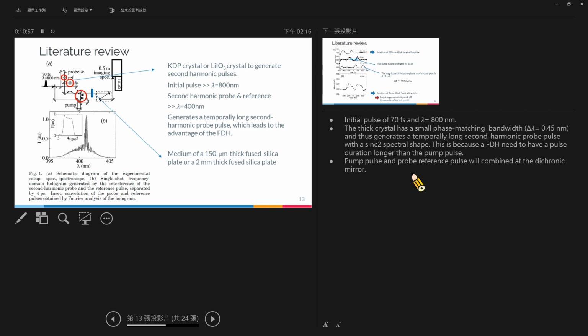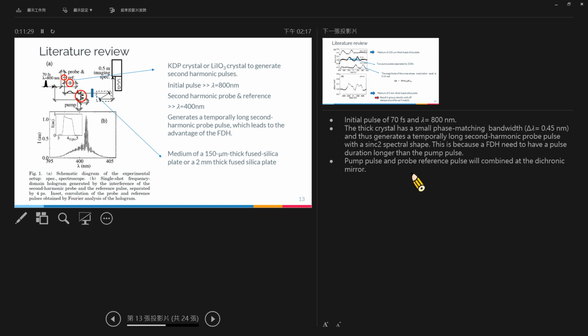The difference is that it has an added KDP crystal or LiIO3 crystal to generate a second harmonic pulse. And so it will go from a wavelength of 800 nanometer to a wavelength of 400 nanometer. This is because the crystal has a small phase matching bandwidth of delta lambda equals 0.45, and it can generate a temporally long second harmonic pulse.